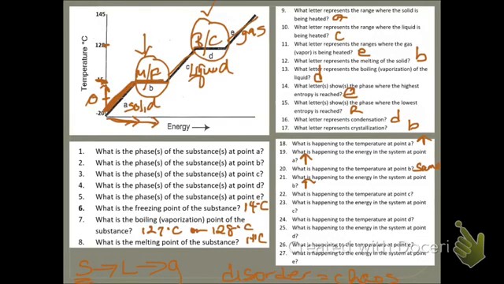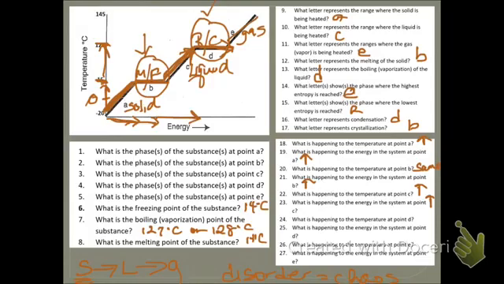What has happened to the temperature at point C? Point C, the temperature is going up. And here the temperature is rising with it. So that's increasing. What has happened to the energy in the system at point C? As C increases, that energy is still going up. What has happened to the temperature at point D? At D, there's a flat line, so there is no temperature change.